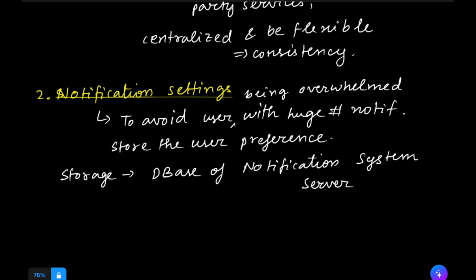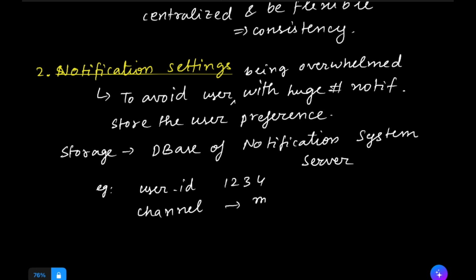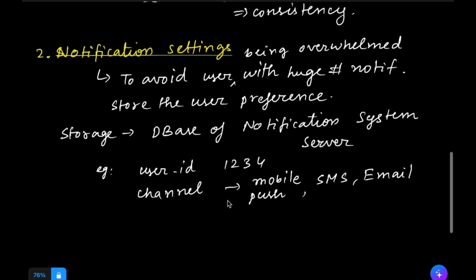Just to give an example of how this looks, suppose we have the user ID for a particular user, let's say 1234, and the channel is a varchar denoting in which format the notification should be sent to the user, whether it's a mobile push notification, SMS, or email. So this tells about the type of notification to be sent.